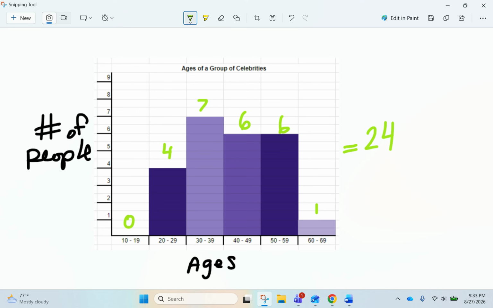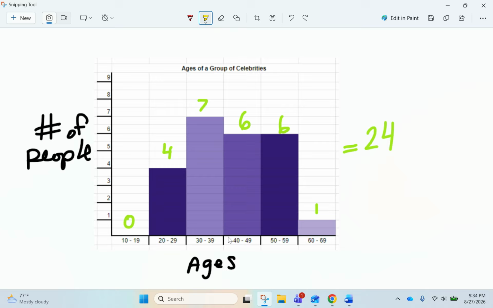Number 1, how many celebrities in the data set were at least 40 years old? A lot of people go and find 40 right away, and they're like, oh, there's 40 right there, and I know this is about their age, so it must be 6. Okay, but the question says at least 40 years old. That means you could be 40 or anything above that.